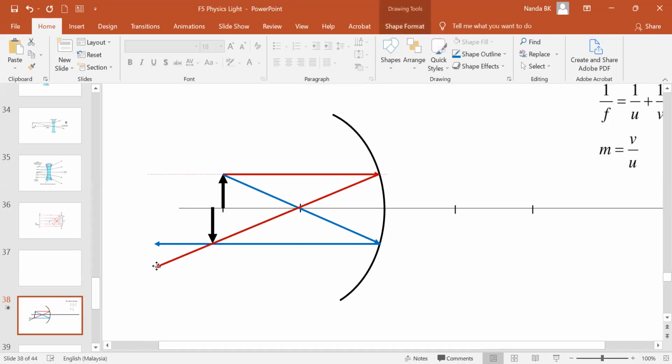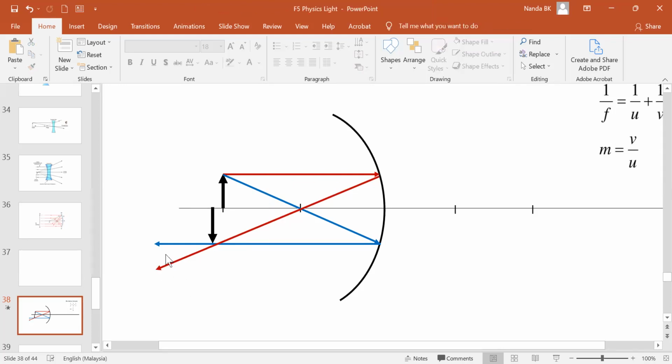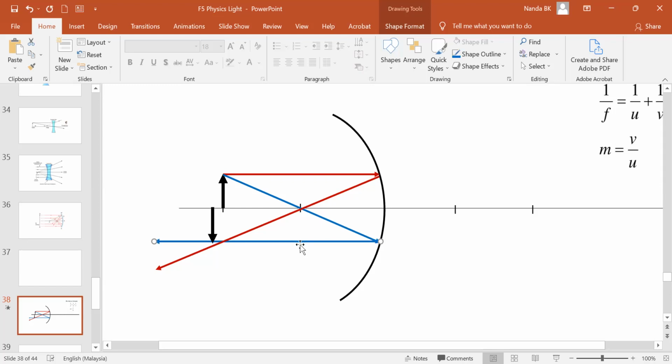So this one must actually come here, and this one must actually go up a bit. Must be something like this. Okay, please calculate for me.